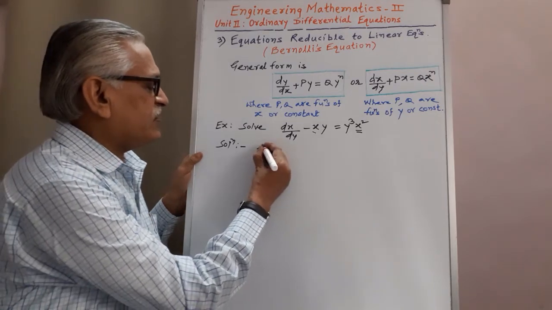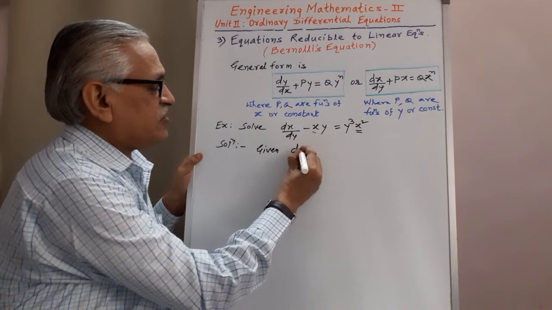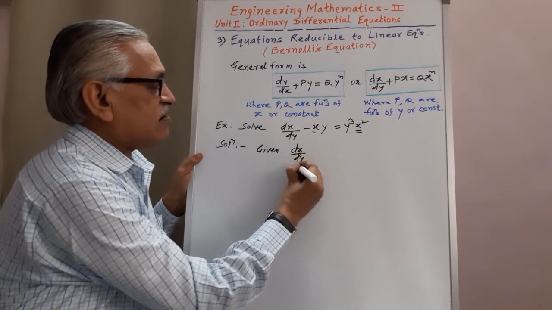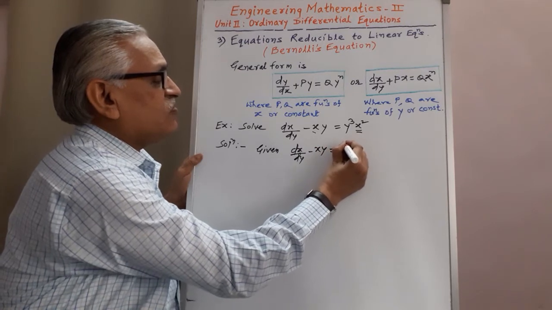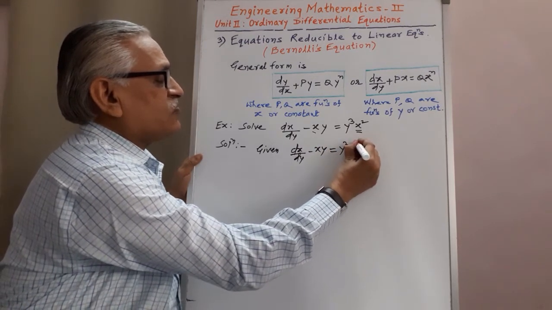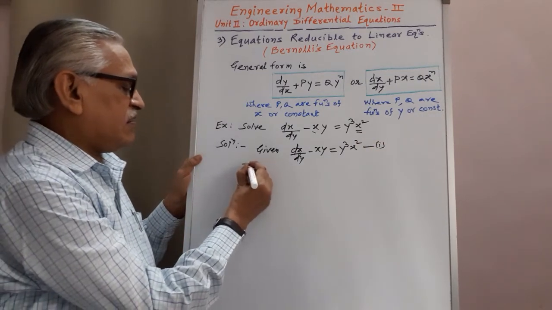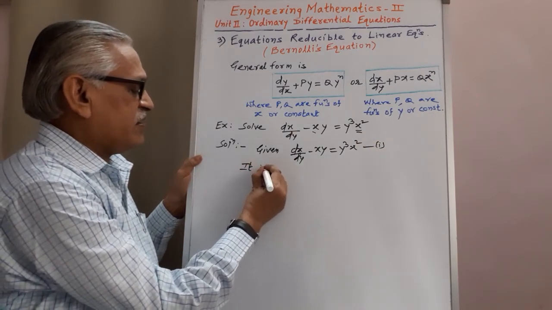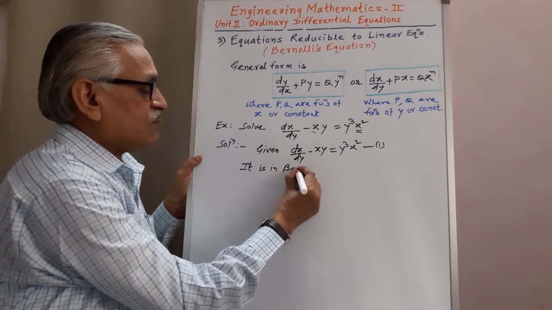Therefore, the given equation is dx by dy minus xy is equal to y cube x square, we call this equation 1. It is in Bernoulli's form.